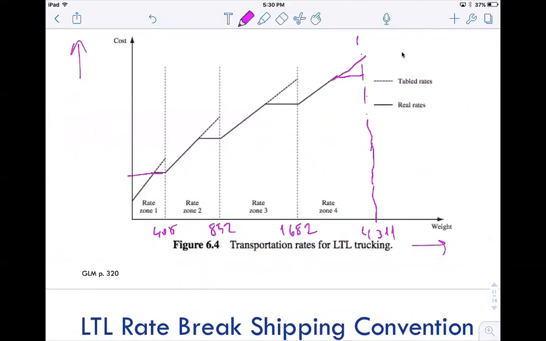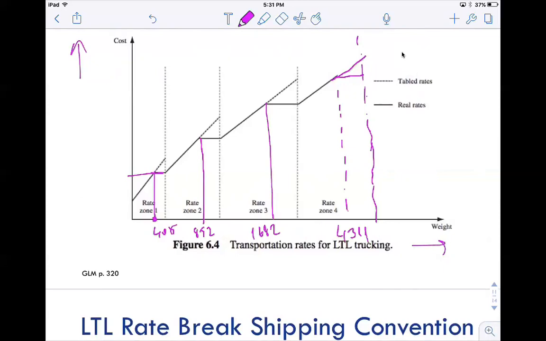So during this time interval right here, sorry, so 405 should come here. 852 should come here, 852 and 1682 should come here, and 4,311 should come here.